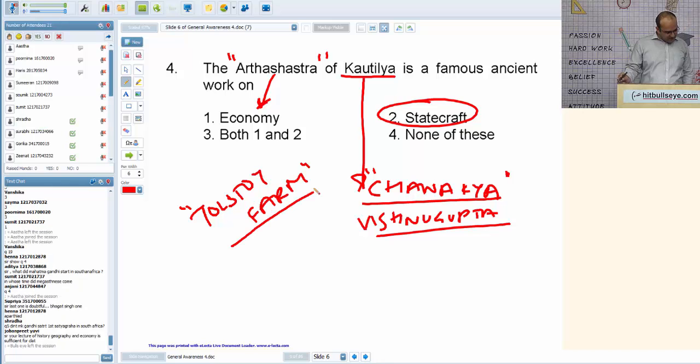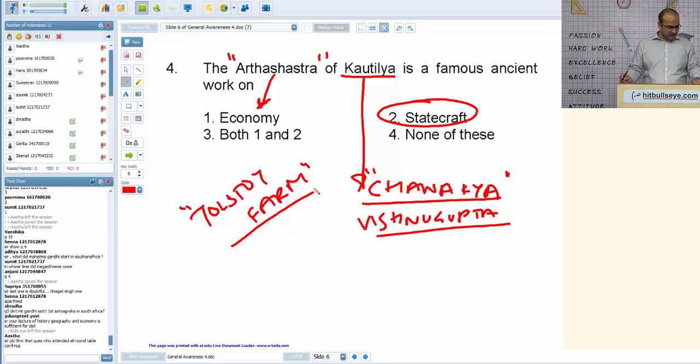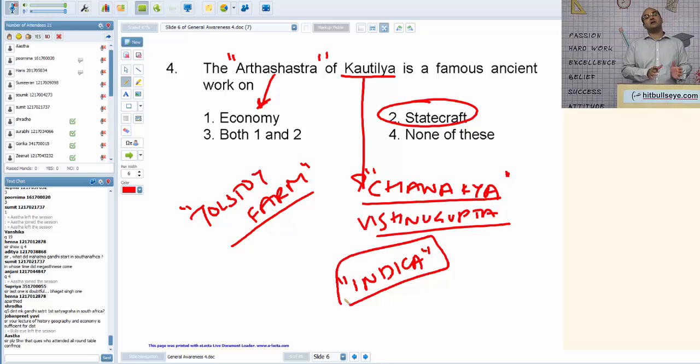Then Sumit is asking, in whose time did Megasthenes come? Megasthenes was of course a great Greek philosopher and writer. He came during the rule of Chandragupta Maurya, right? A very famous book written by Megasthenes, of course, is Indica. This was the earliest text written about India.